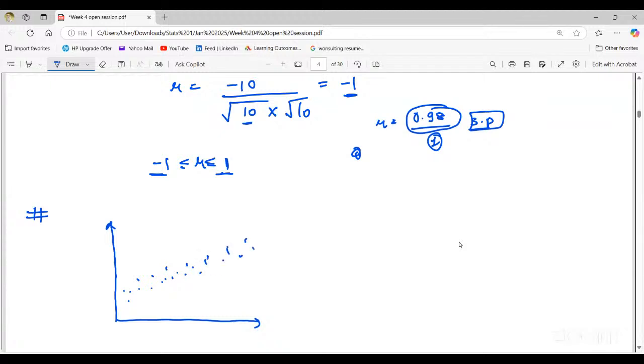If I have to describe this linear association through an equation of line, I would be making one line, and I have to describe this through an equation. The equation of this line would be in the form of y = mx + c, correct? Yes, ma'am.